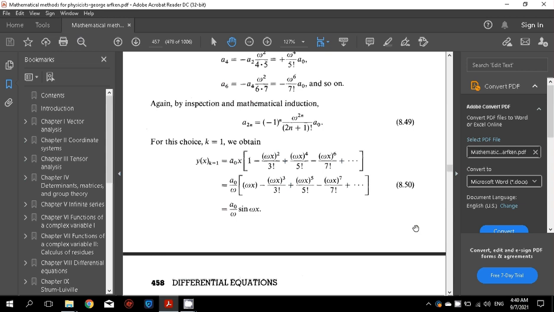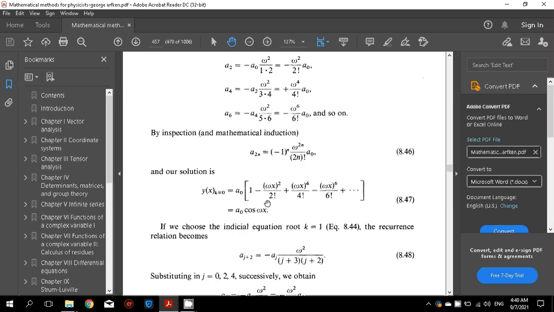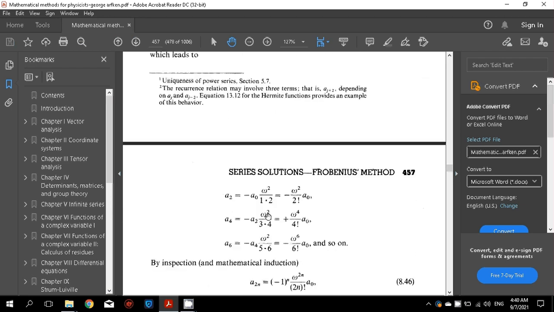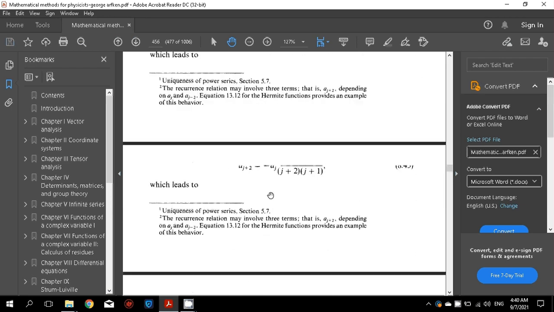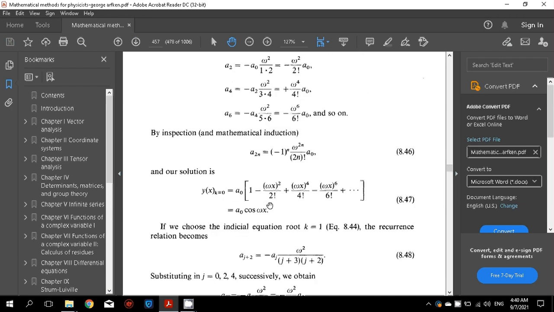So now we have obtained the relevant coefficients, and we will simply substitute these values with k is equal to 0 and here with k is equal to 1 to get our solutions. One is A0 over omega into sine omega x, and the other, the first solution, which was obtained earlier by taking k is equal to 0, was A0 cos omega x.